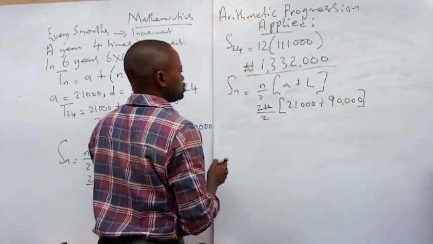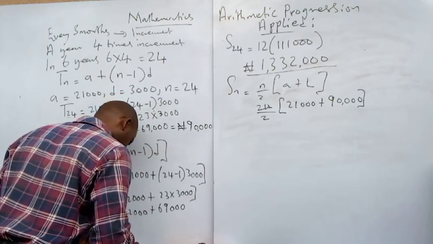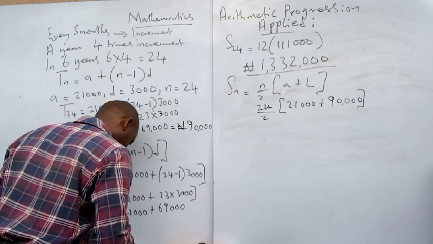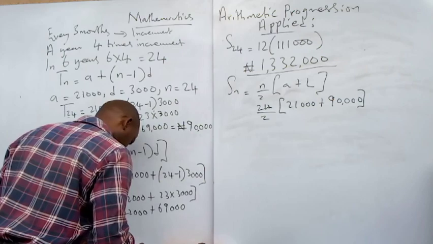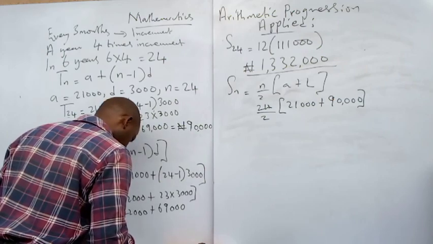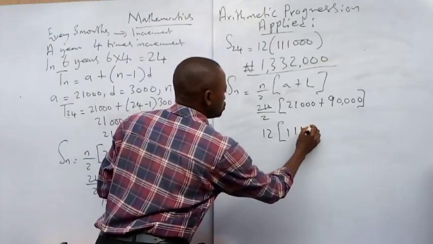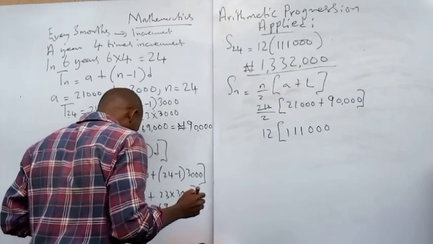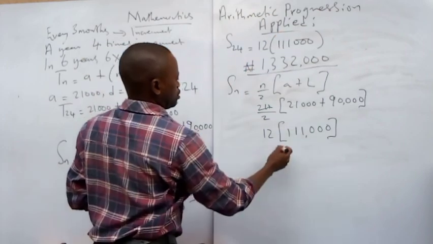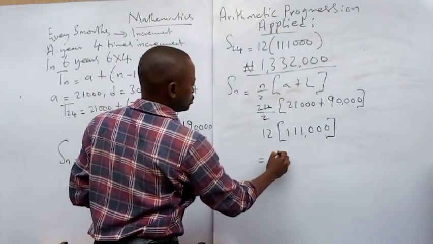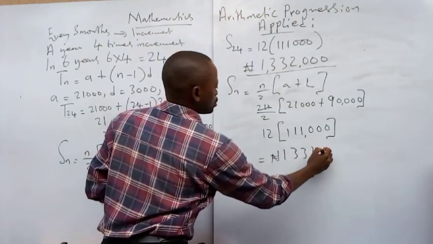Okay. 21,000 plus 90,000 is 111,000, so we have 12 into 111,000. You can see that it still brings us back here, which equals 1,332,000.